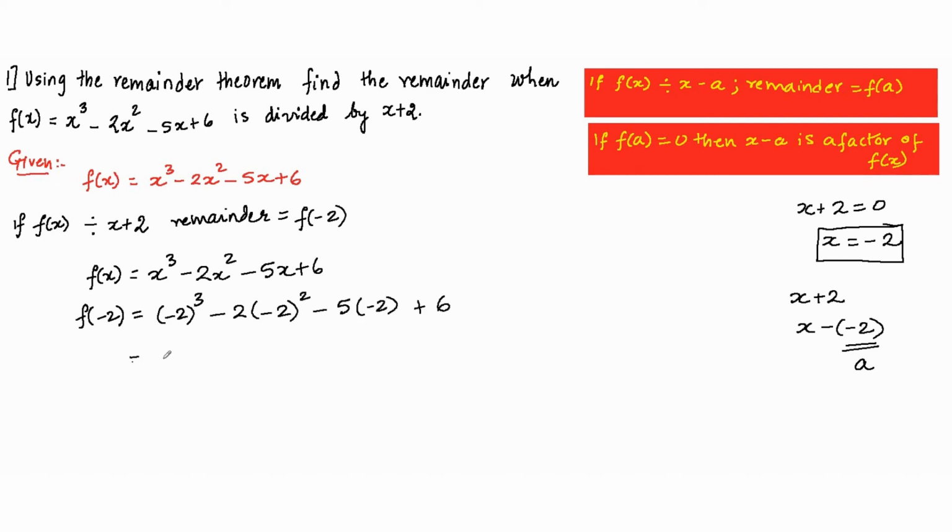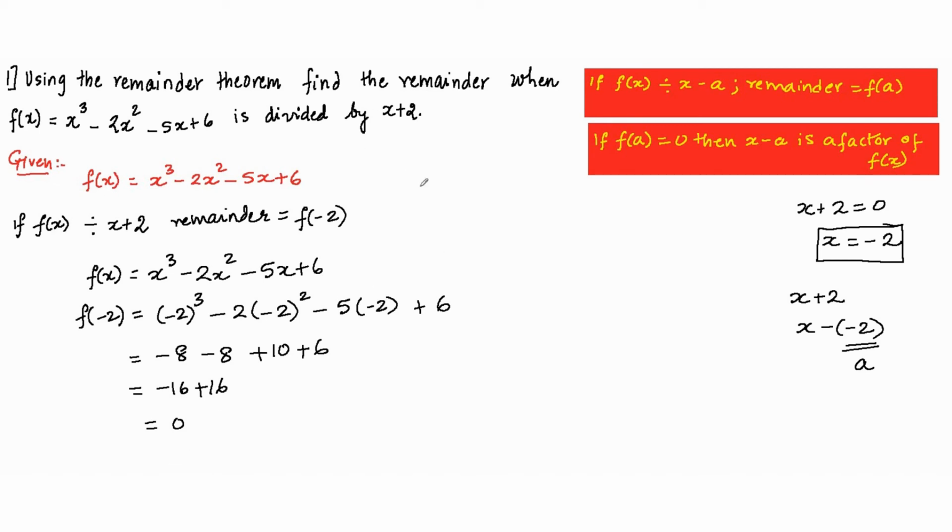And this is going to be minus 8. Then minus 2 the whole square is positive 4. Positive 4 into negative 2 is again negative 8. And then I have positive 10, positive 6, which means this is negative 16 plus 16, which equals 0. So therefore, the remainder on dividing this polynomial by x plus 2 is 0.